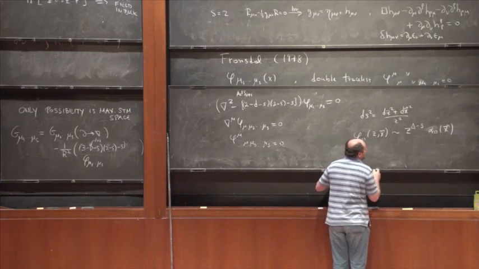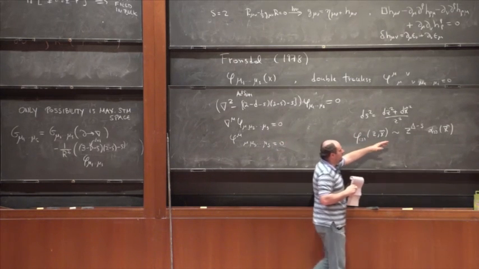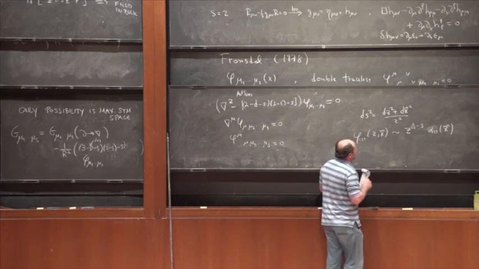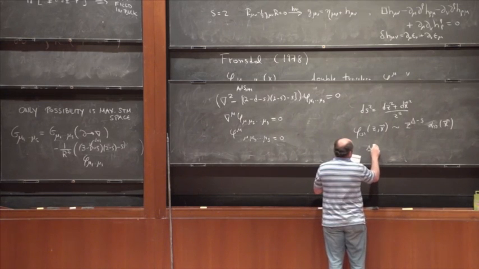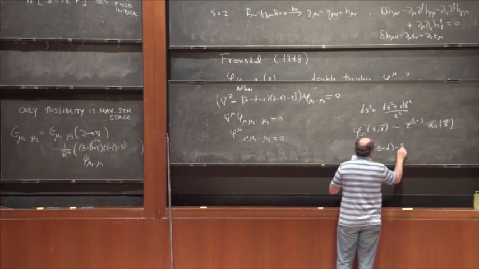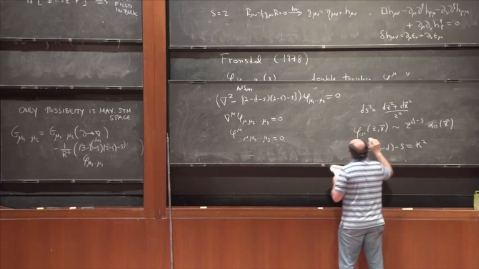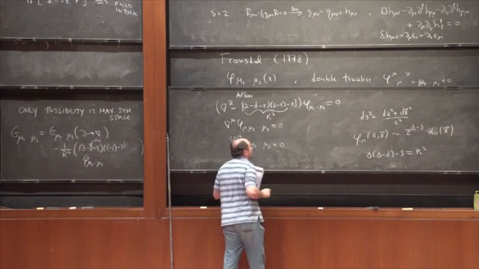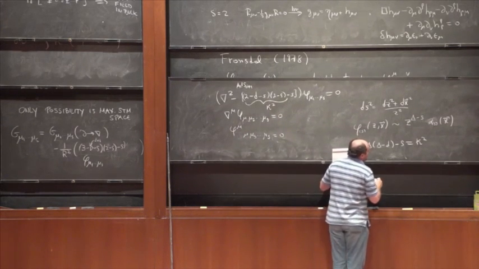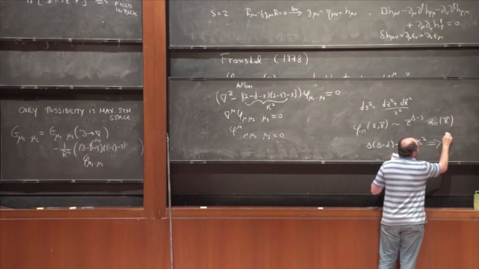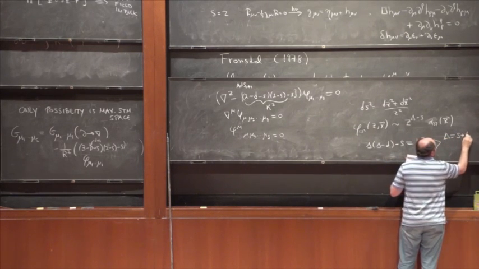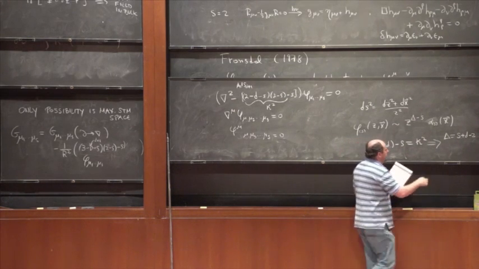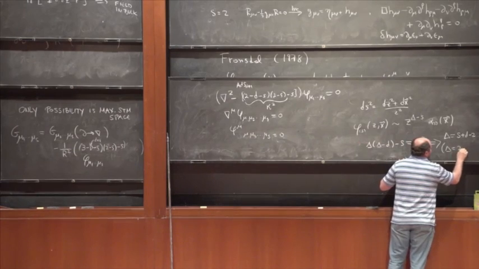And by solving these equations, you find a quadratic equation for delta, which generalizes the one for scalars that I wrote in the other lecture, and looks like this. Where k is this. Okay. And then you find that the solutions indeed correspond to delta equal s plus d minus 2, which is the dimension of a conserved current in the boundary theory. And there is another solution, which is 2 minus s.